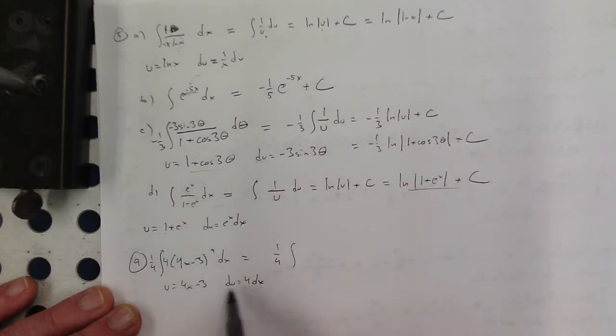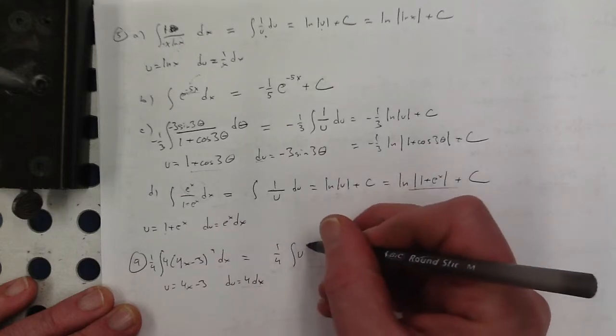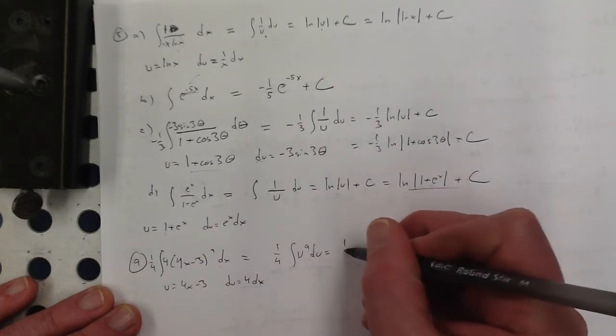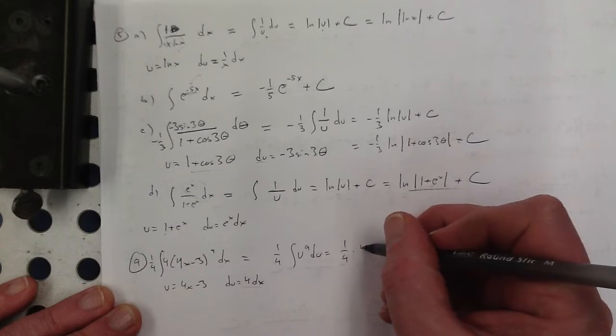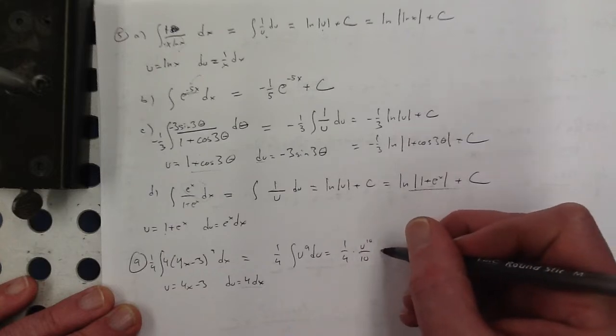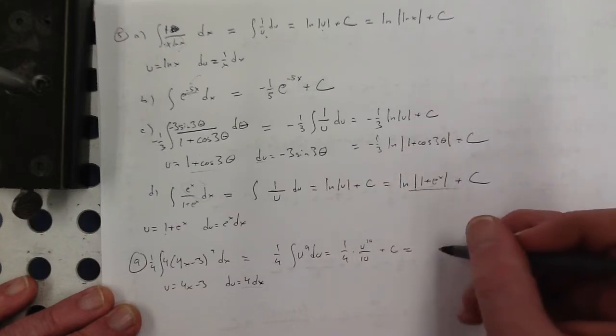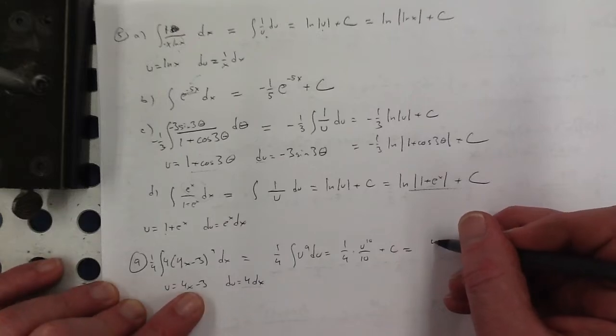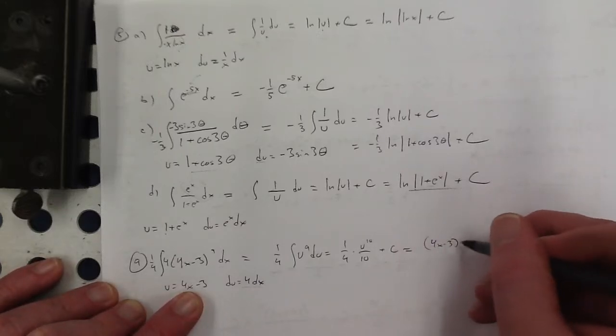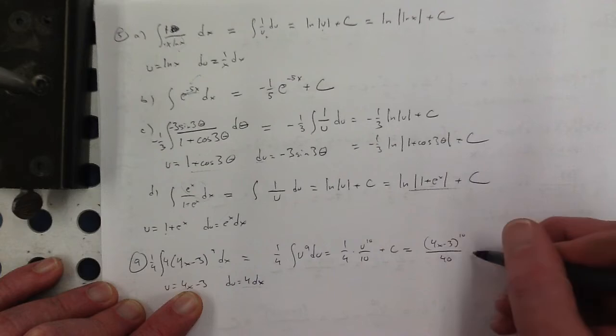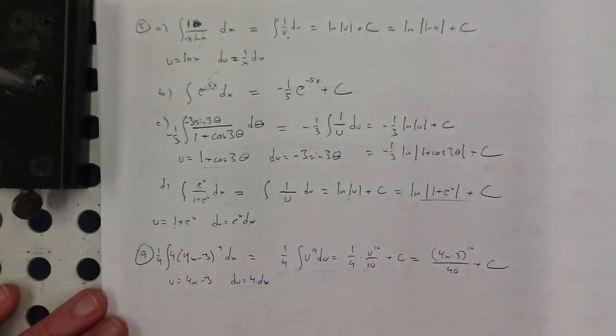There's my 4 dx, u to the 9th, u to the 10th over 10 plus c. So u to the 10th over 40 plus c.